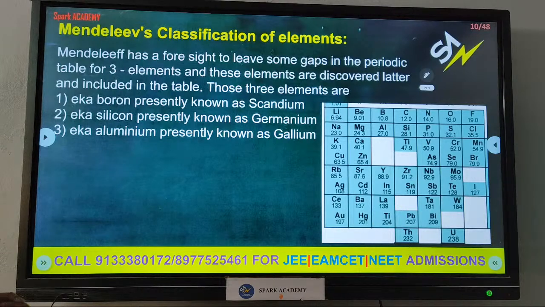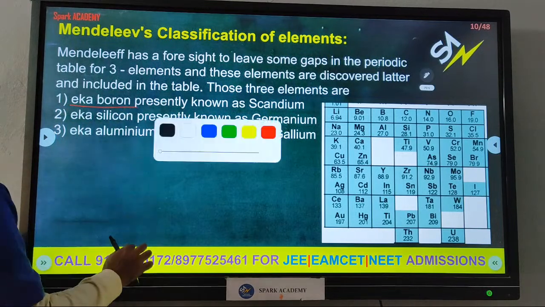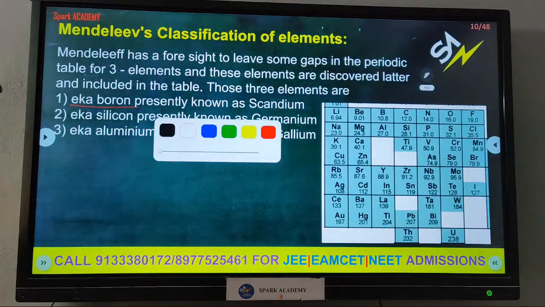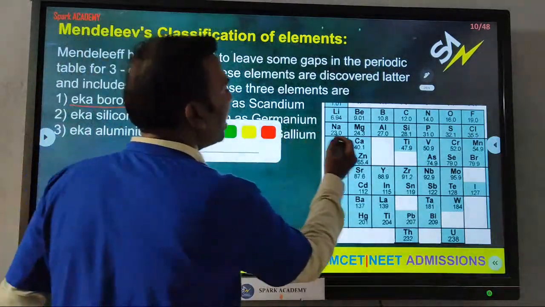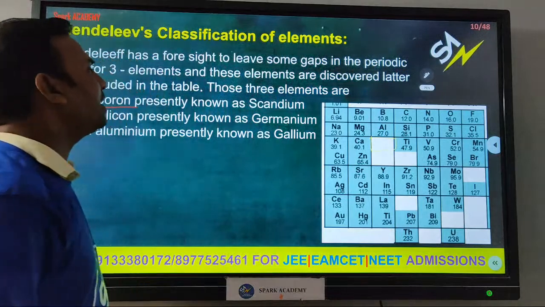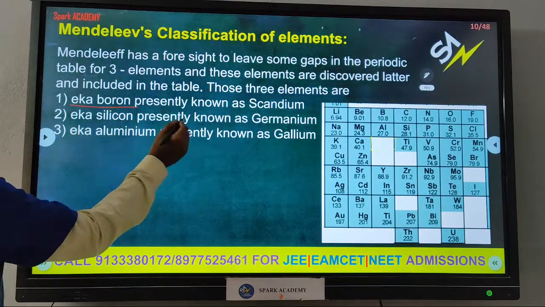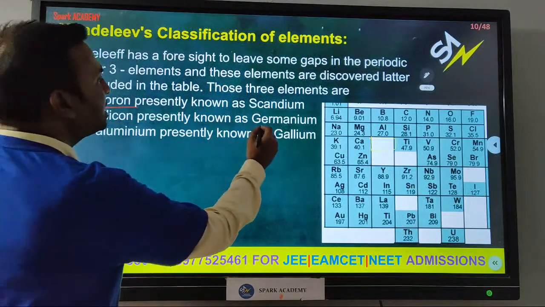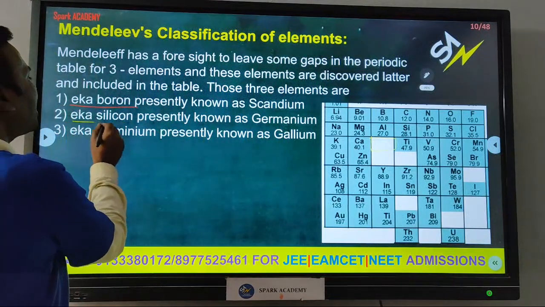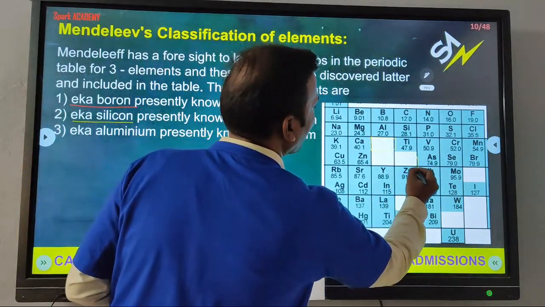Those gaps were perfectly fitted after the elements were discovered. He did not know Eka boron, so he left a place for Eka boron below boron. He did not know germanium, so he gave the name Eka silicon below silicon.